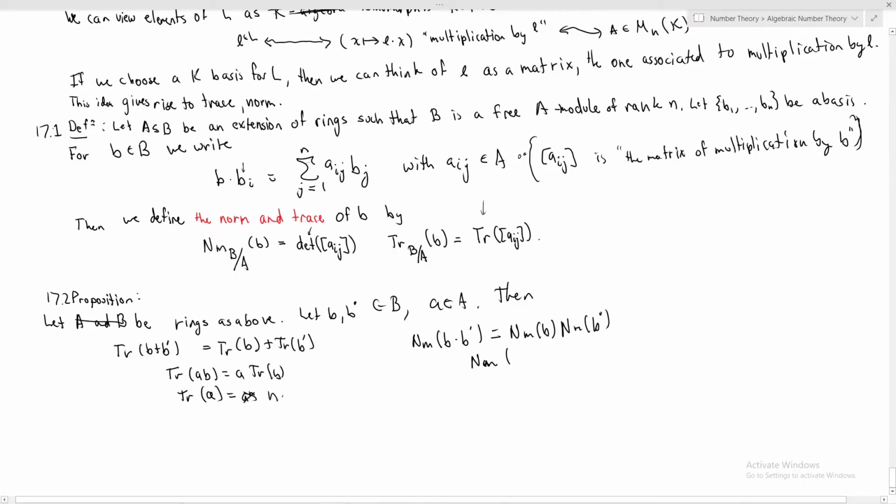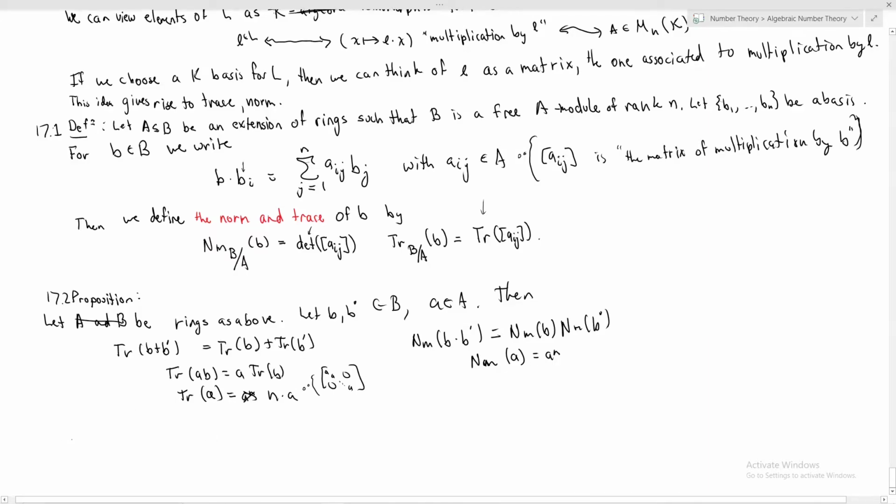This should be n times A, and this one should be A to the n. Sorry. The logic I said works, so if the matrix looks like A on the diagonal, then the determinant is A to the n, and the trace is the sum of the diagonal entries, which is n times A. Okay.